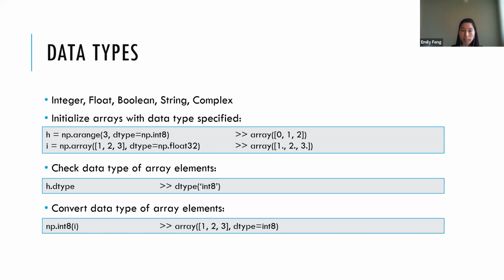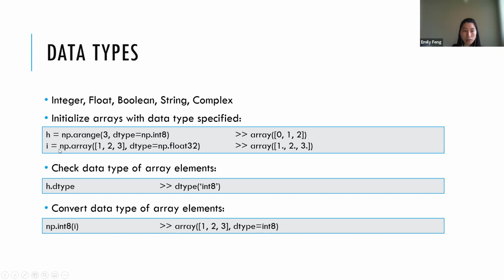So 8 would be 8 bits, and then there's 32, and then there's 64. Here I just wanted an integer with 8 bits. And that gives me an array of 0, 1, 2.